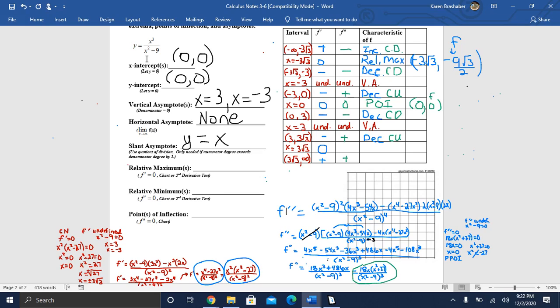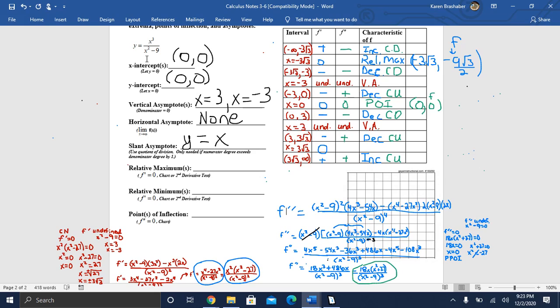Now notice that even though I have a change from concave down to concave up, because I have a vertical asymptote, I do not have a point of inflection. All right, and then our last analysis, f prime is positive, so we have a change to increasing. The graph remains concave up.